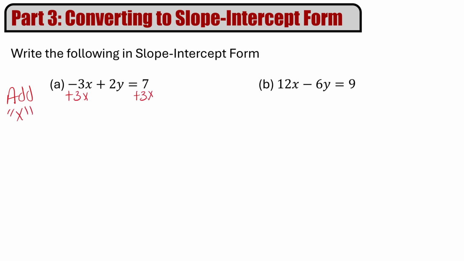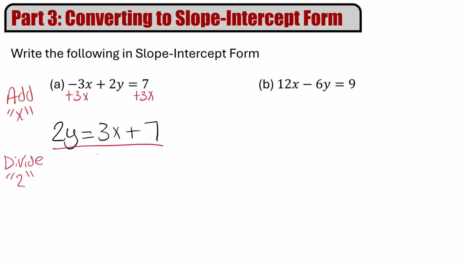So we add 3x to both sides. After adding 3x to both sides, the equation will now be 2y equals 3x plus 7. Next, divide everything by 2 to isolate y. After dividing by 2, the equation will become y equals 3 halves x plus 7 halves.